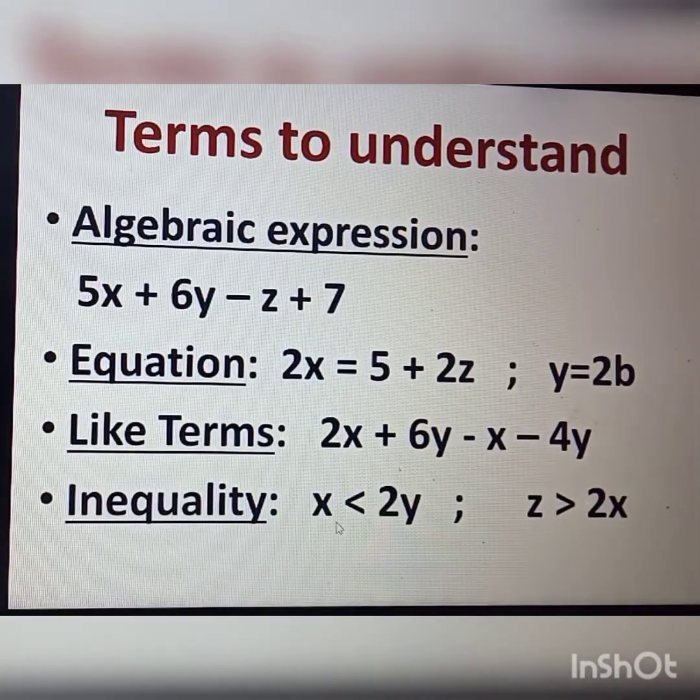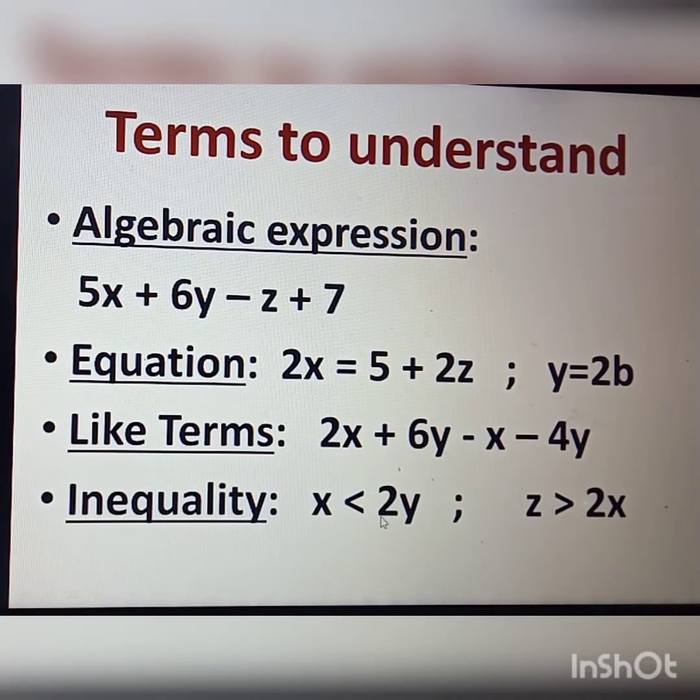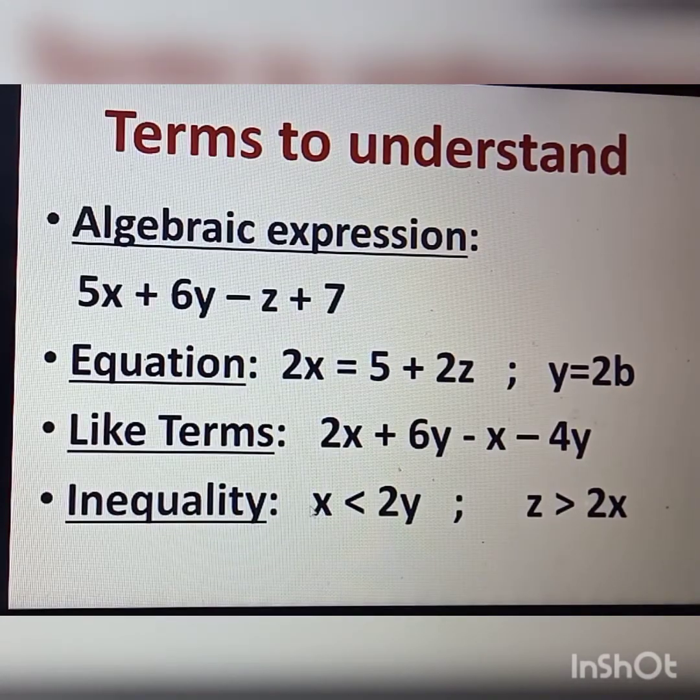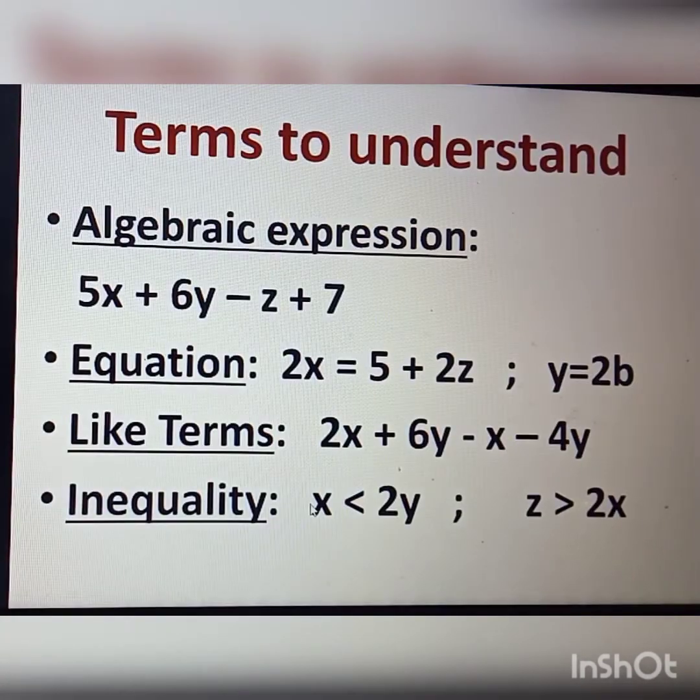Students sometimes get confused about it; sometimes they say 2y is greater than x. Yes, that is also right, but the proper way to read this inequality is x is less than 2y. Again, z, see the left hand side.